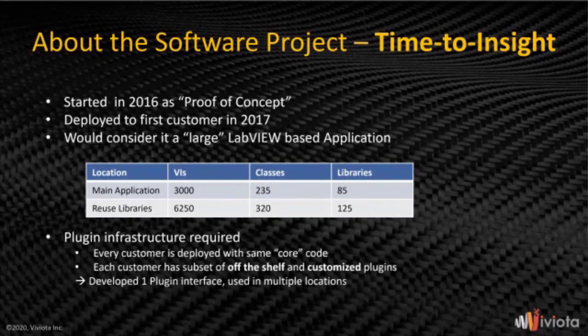It's also a requirement that we support a plugin infrastructure. Every customer that we deploy to has the same built executable, otherwise it becomes unmaintainable. This is one of the re-architectures that we did early on. And each customer has their own subset of off-the-shelf and customized plugins.